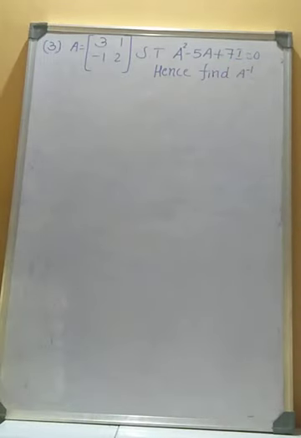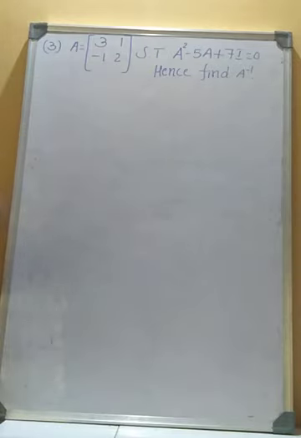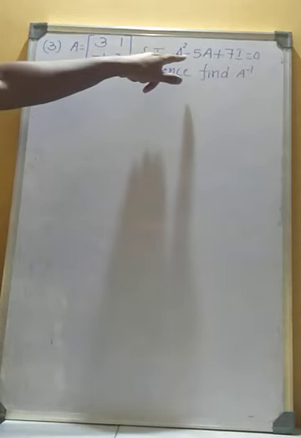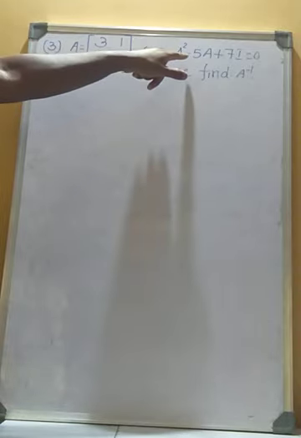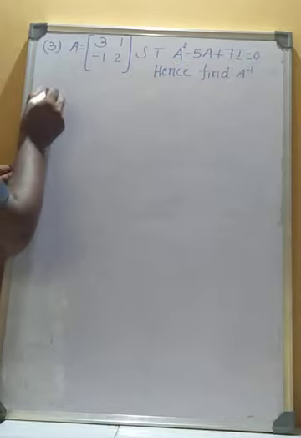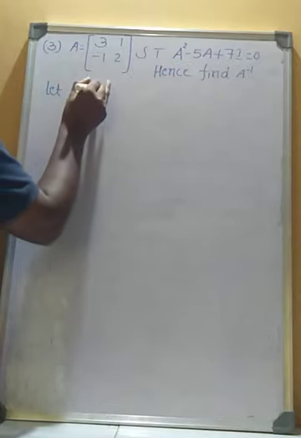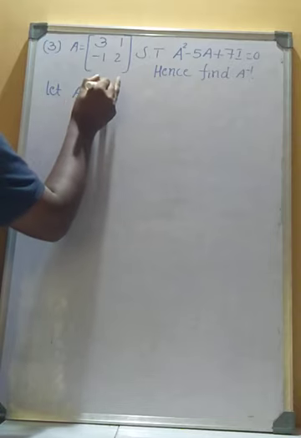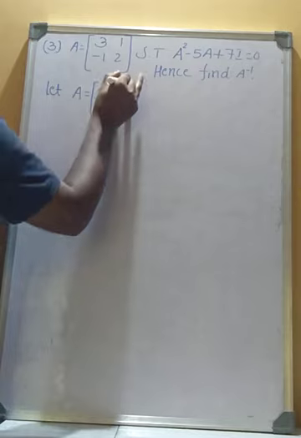So first prove this, A square minus 5A plus 7I equal to 0. These type of problems were already discussed in matrices. Hence find A inverse. Let A equals 3 1, minus 1 2.